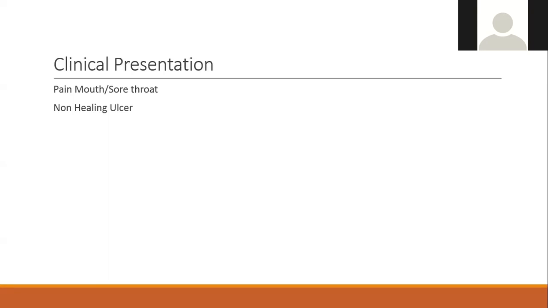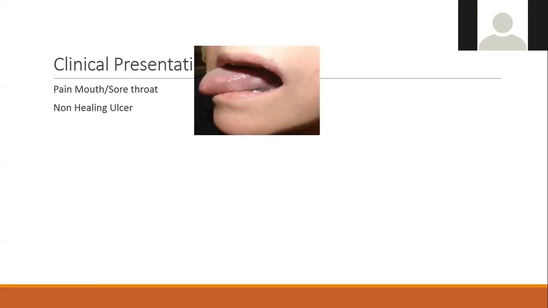So for any non-healing ulcer, with experience, you know whether it is malignant or not. But even if it looks benign and in 4 weeks it is not healing, it is better to do a biopsy. This looks like a small, grayish-white ulcer base. Clinically, it looks benign.